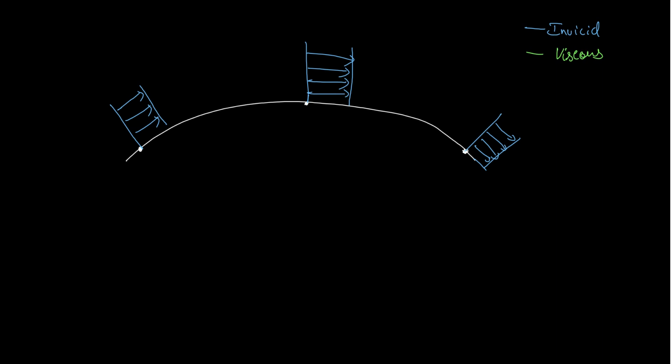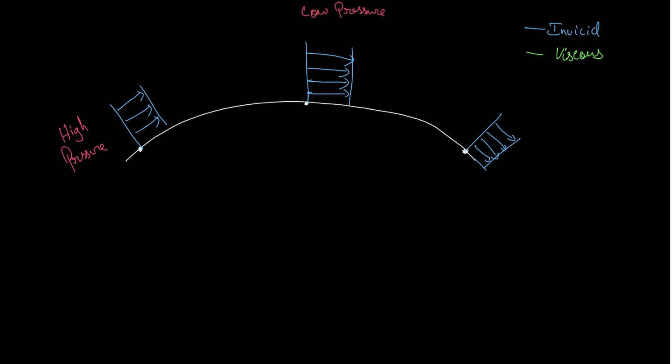Before we sketch the profile for a viscous case, let us see what the state of pressure is. Here I will have a high pressure, and here, since the flow is accelerating, I'll have a low pressure.